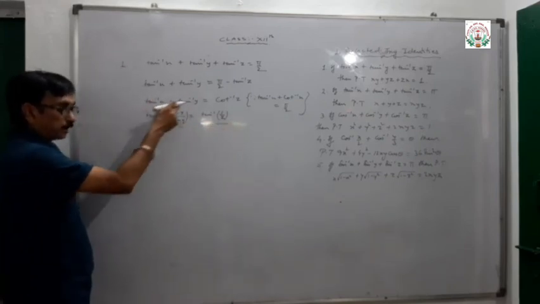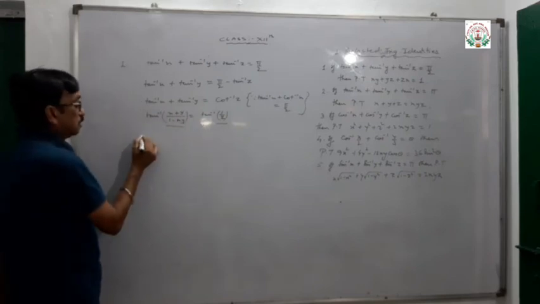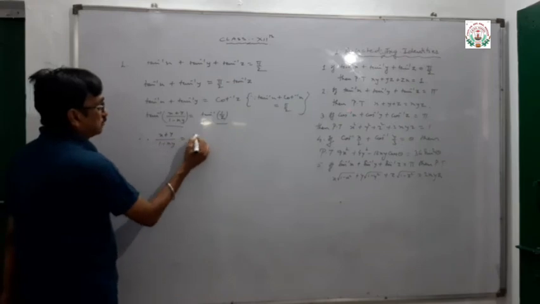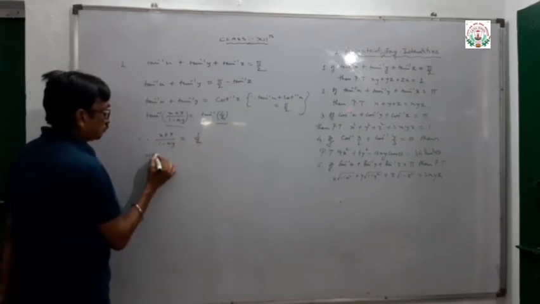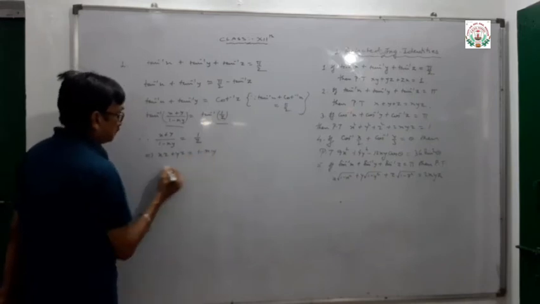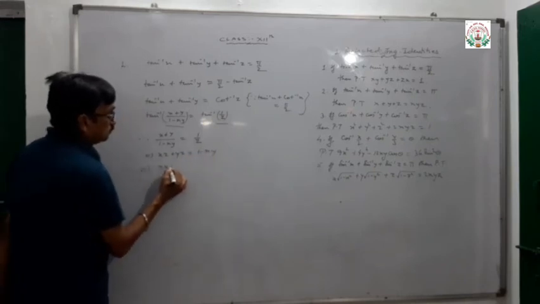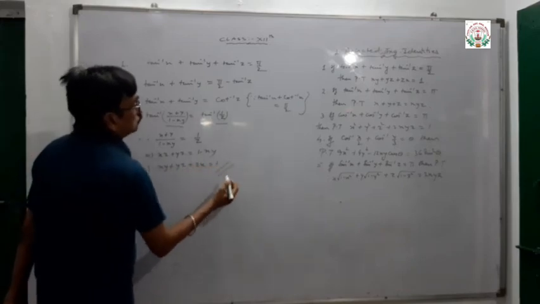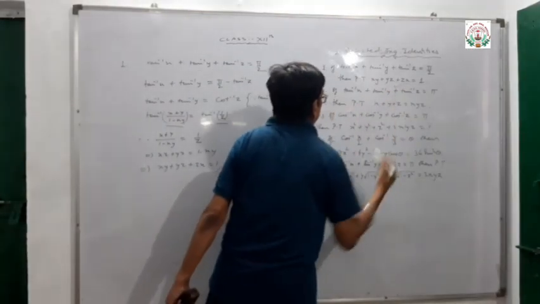Therefore x plus y upon 1 minus xy equals 1 by z. Cross multiply: xz plus yz equals 1 minus xy. Transpose it: xy plus yz plus zx equals 1. So that is our proof.